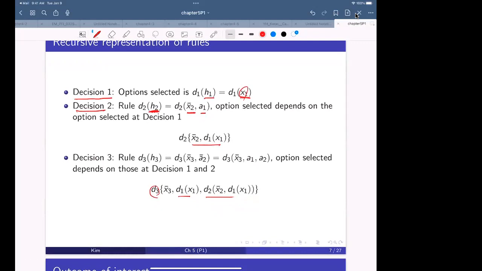So basically, A1 is equal to D1 of X1. D is a function that maps to A. For the agent, we choose D. But for a particular patient, the action is the same as the decision that the agent suggested, and that's the realized one.